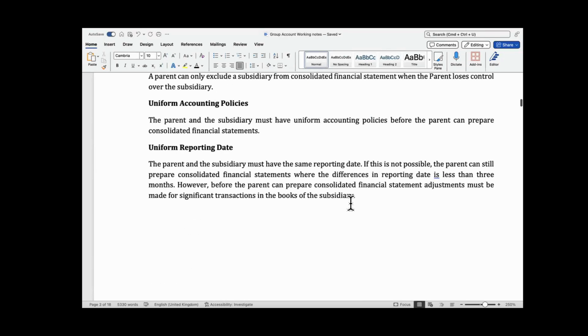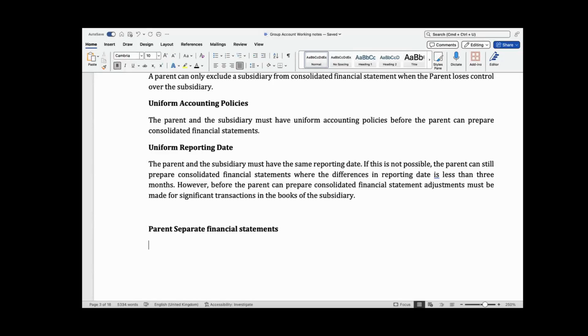So that being said, I need to mention that before I show you these consolidated financial statements, the parent also prepares separate financial statements, meaning that the parent can also prepare his own separate financial statements.